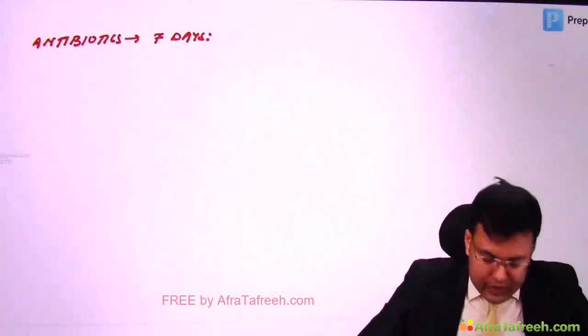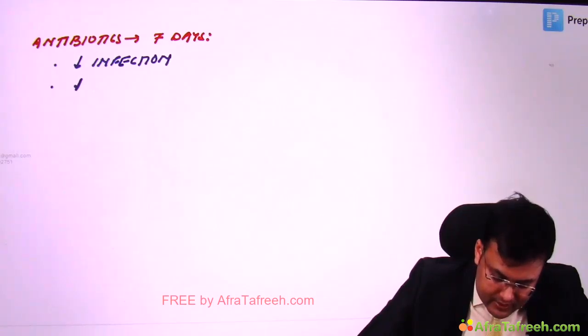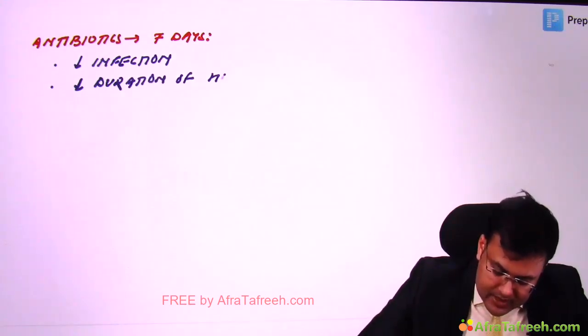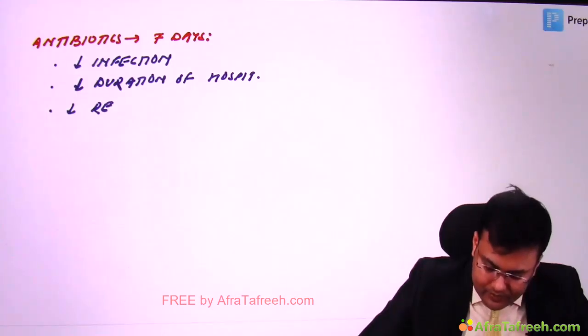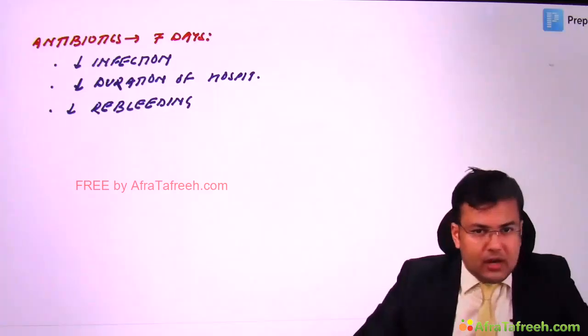If we are using the antibiotics, it is going to decrease the risk of infections, decrease the duration of hospitalization, and decrease the rebleeding risk. Clear? So this is how we are going to manage.